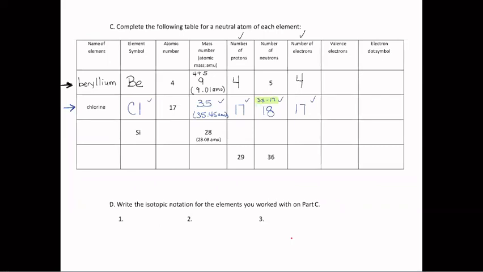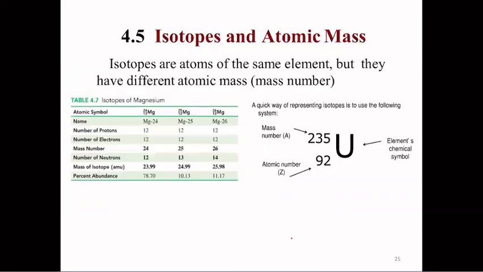Now, one of the things is that these elements that are found in nature or have been created in the laboratory sometimes can have different flavors. I use the analogy of if you go to the supermarket and you're trying to buy vanilla ice cream.